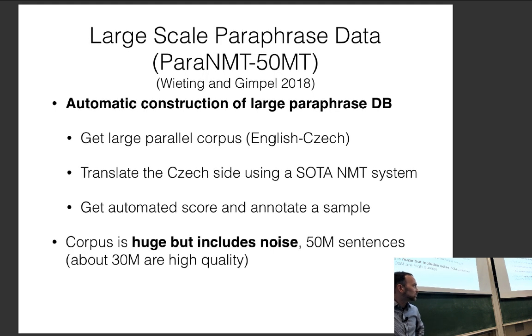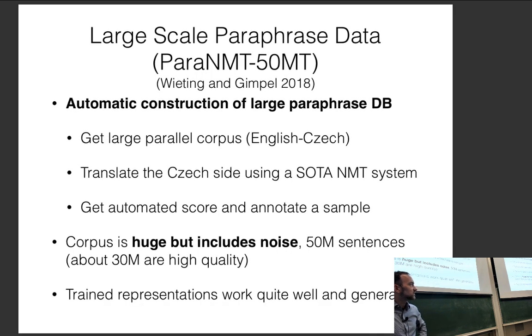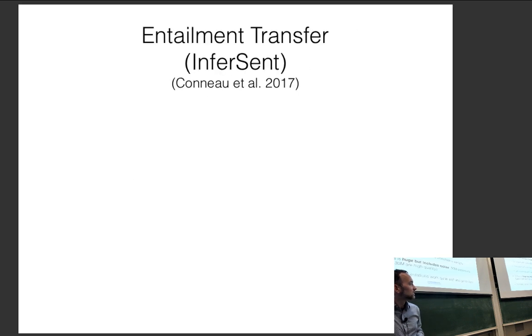They got this huge corpus that includes lots of noise, but then they trained a filter to filter out some of it and left 30 million high quality sentences. They trained using the same objective on this, which gave you sentence similarity metrics that you could use out of the box.